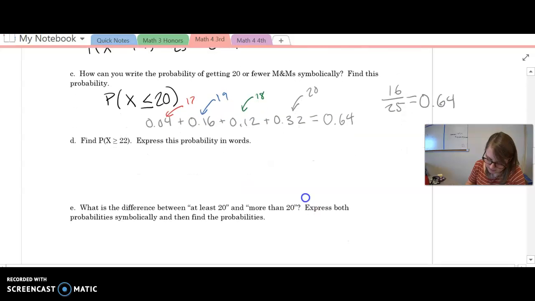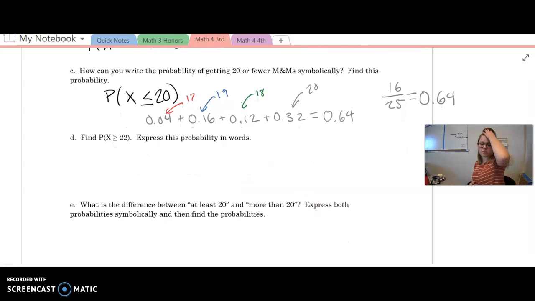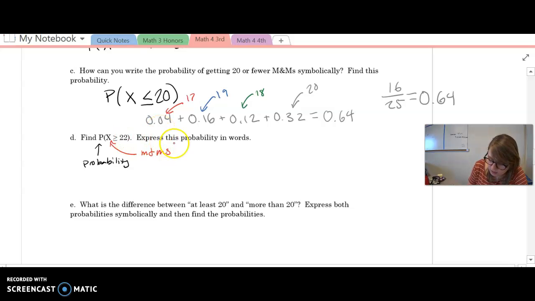All right. Moving on. So now we have the probability of x greater than or equal to 22. We want to express this probability in words. So this is the probability, x is M&Ms, and 22 is my number. So we need to remember the greater than or equal to.